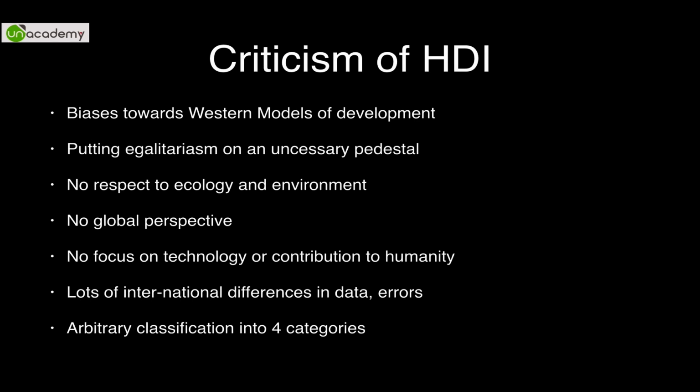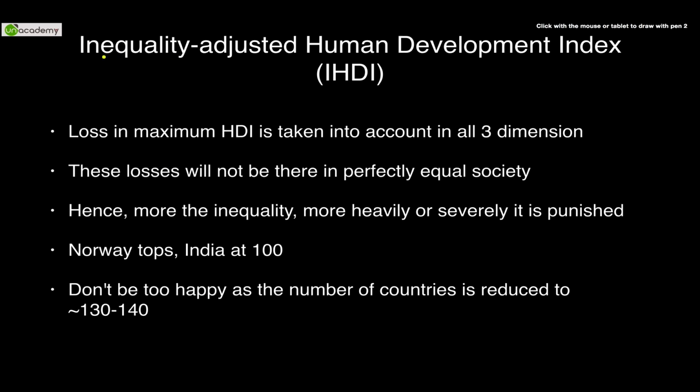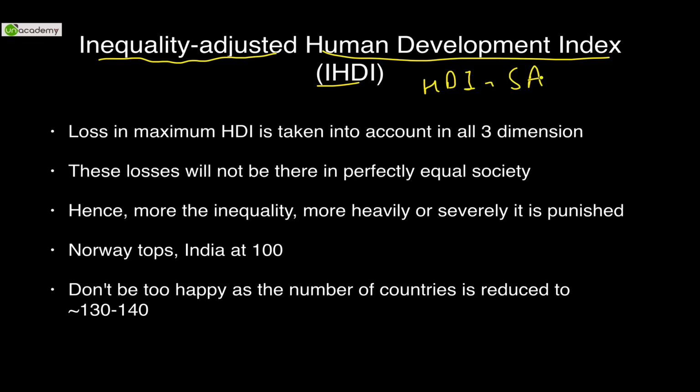And so finally, we move on and touch on the inequality adjusted human development index. See, the human development index of Saudi Arabia, etc., and various countries like Swaziland and Lesotho and Central African Republic, is in some cases very high. But when you compare it with its own IHDI, it loses 40% of its value.